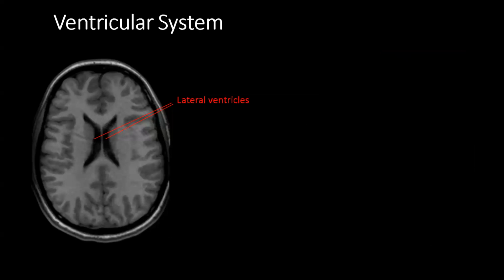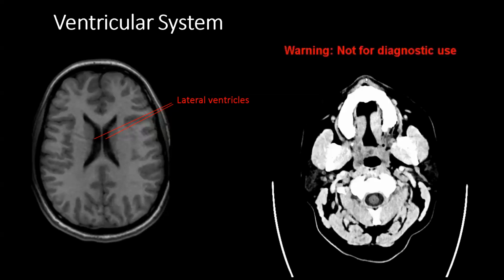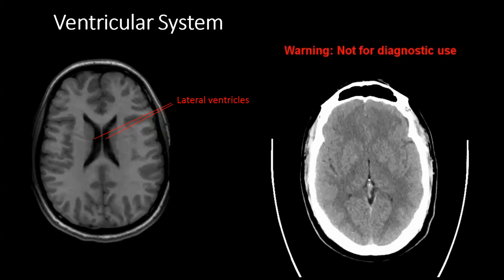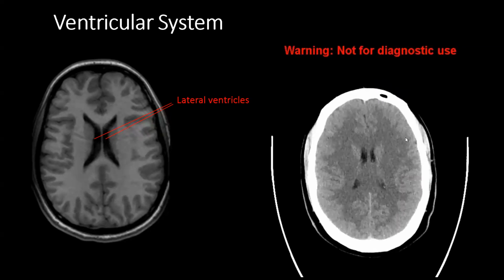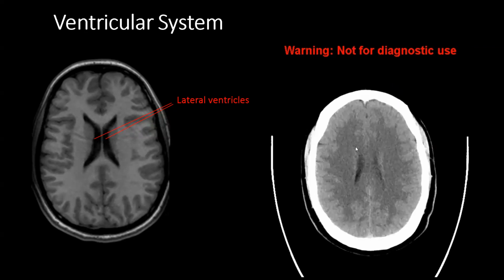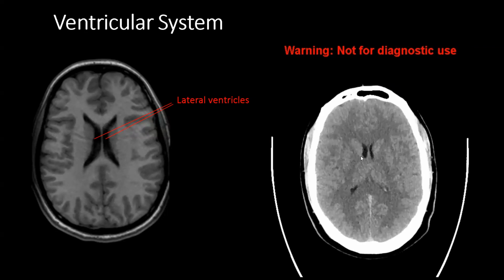Again, moving back up in the brain to our centrally located CSF containing structures, or cerebrospinal fluid containing structures, we have your ventricular system. So if we start at the top of the ventricular system, we first have your lateral ventricles, which are these semi-lunar, really oddly shaped structures located in the center of the supratentorial brain.